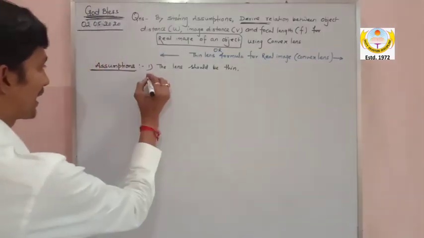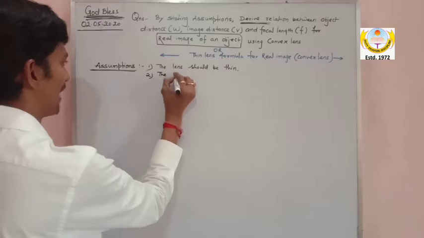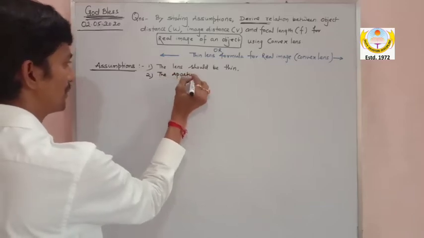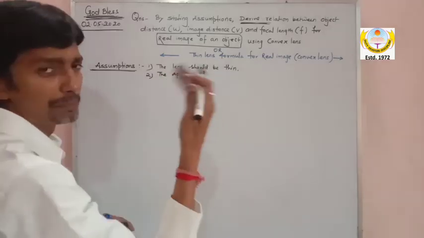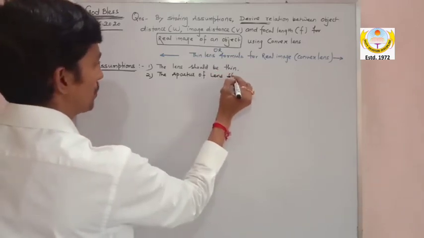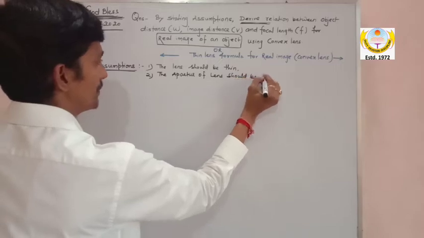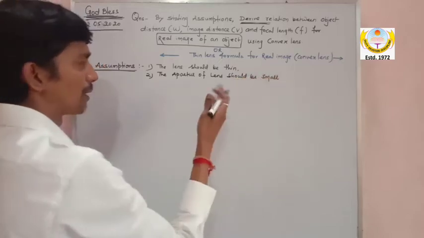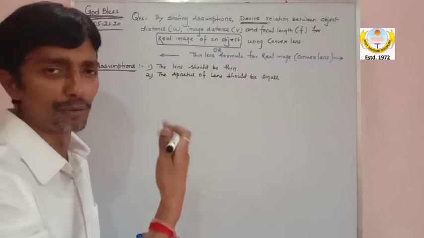Okay. The second is the aperture of the lens. You know this: the aperture of lens or mirror, everywhere it is the same. The aperture of the lens should be small. This is to remove the aberrations, to remove the defects.